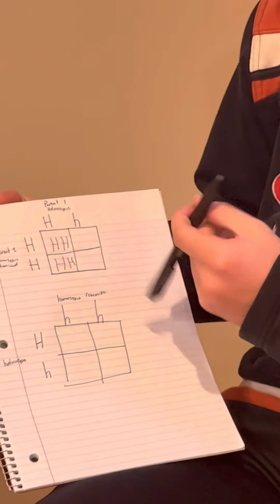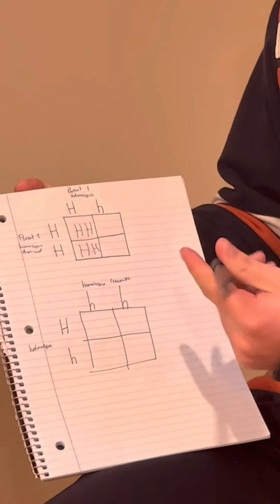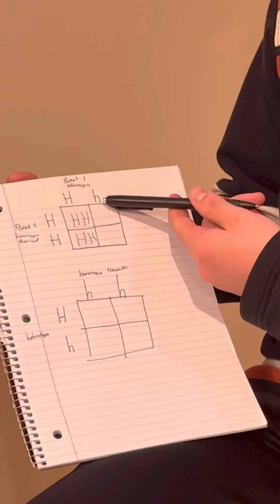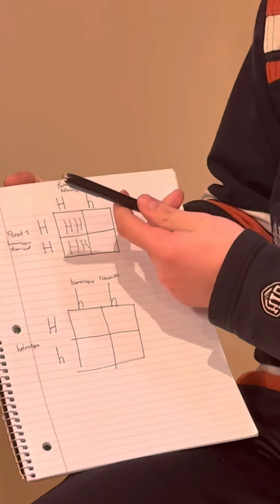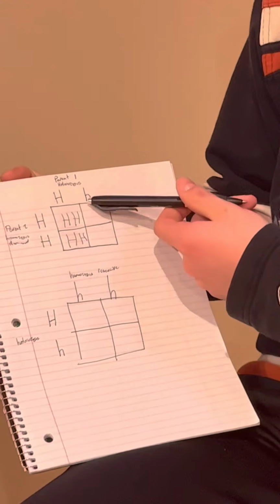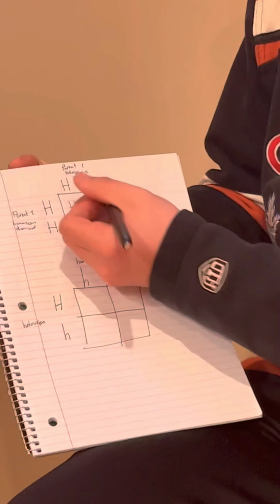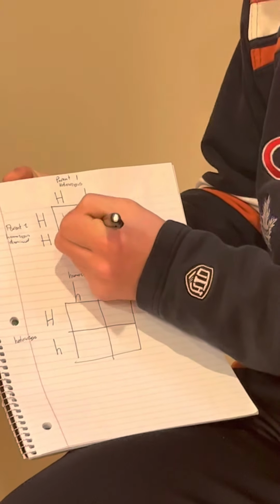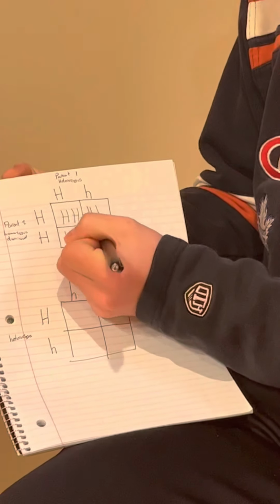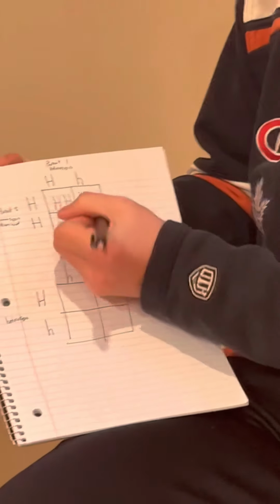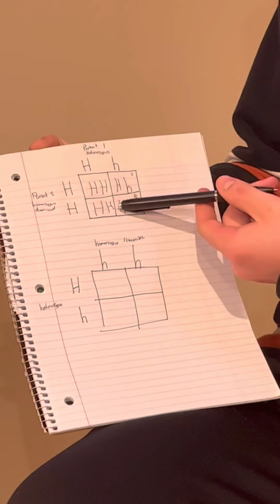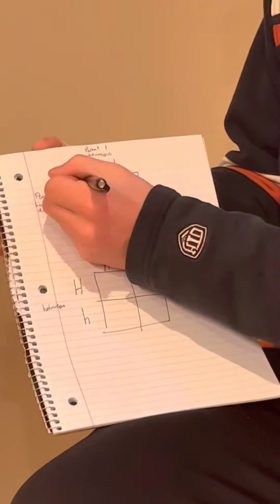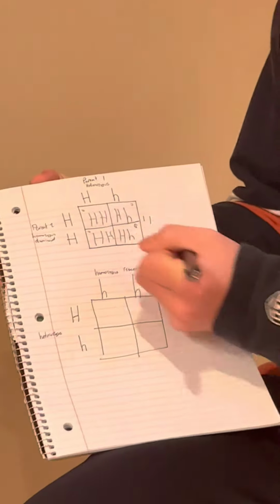Now, for the second pair of offspring, I know that this is a recessive allele and this is a dominant allele, so it would be heterozygous, but still showing the dominant trait for both of them as well. Since I have two heterozygous and two homozygous dominant, this means that my ratio would be 1 to 1.